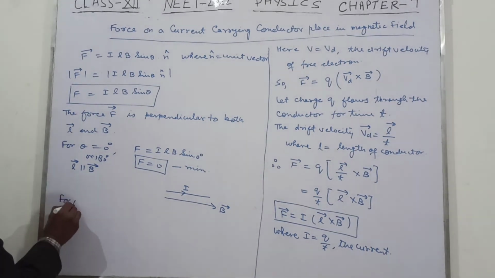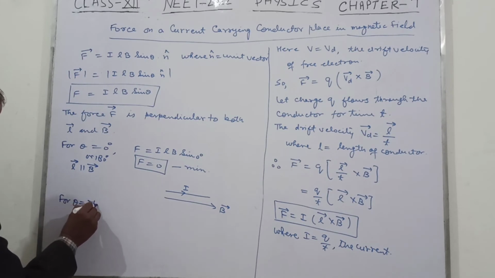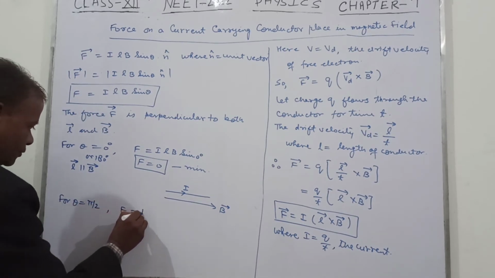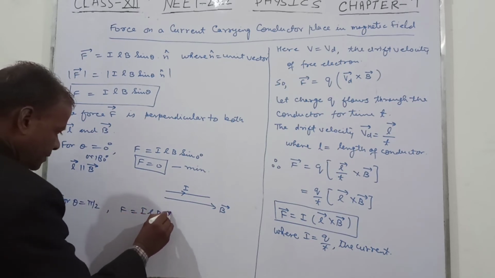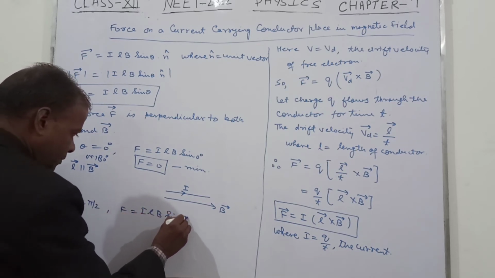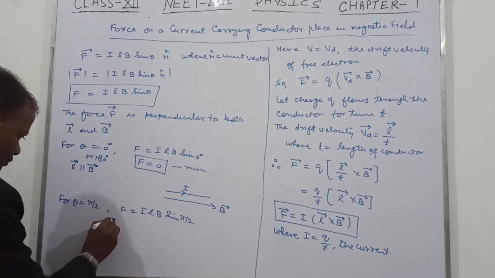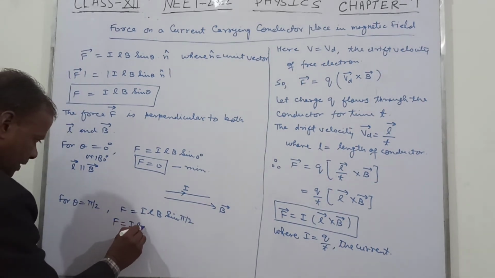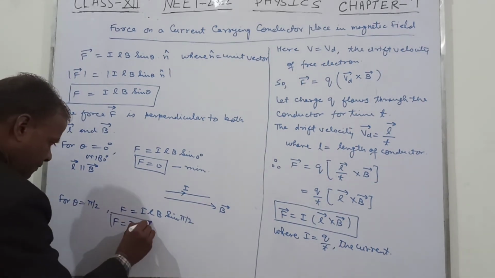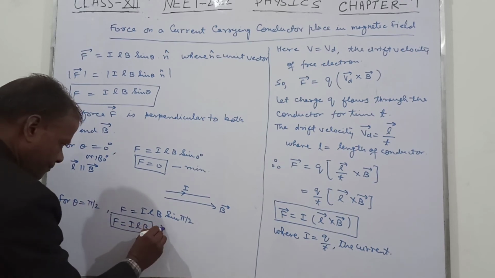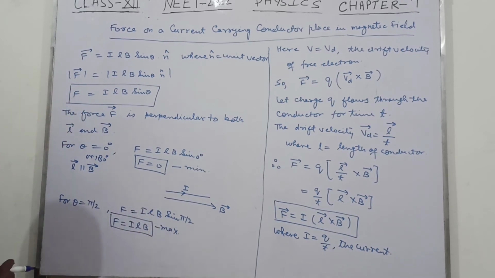For theta equal to pi by 2, F equal to I L B sin pi by 2. So F equal to I L B. This is the maximum force.